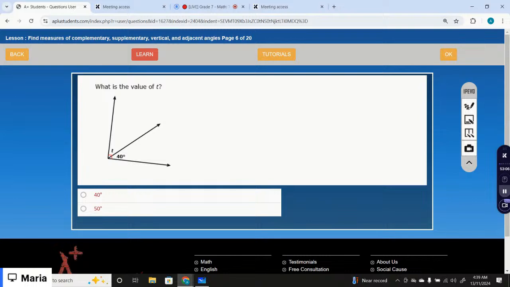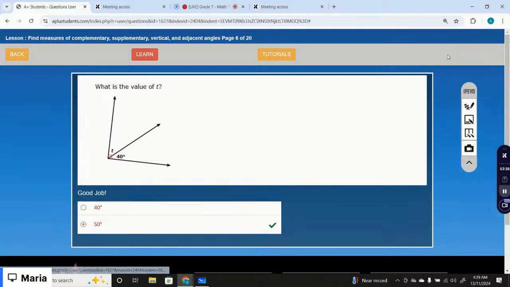What is the value of t, which is the correct option? That is 50 degrees. Option number two is the correct option.